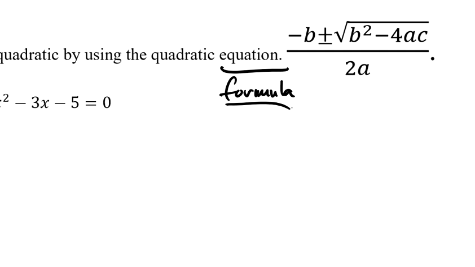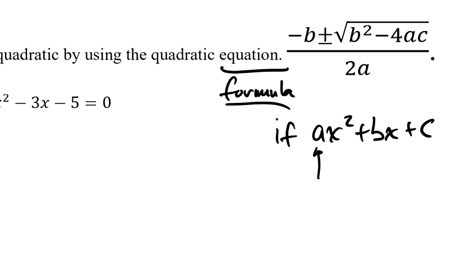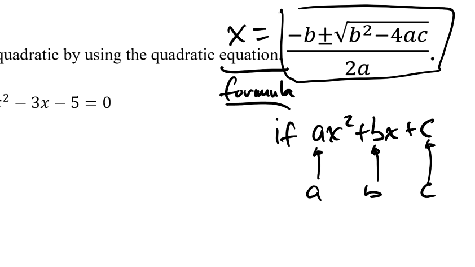It essentially says if you have a quadratic in the form ax squared plus bx plus c, in other words, a is the coefficient of your squared term, b is the coefficient of your linear term, and c is your constant. Then you can find the roots of that equation by considering this expression: the opposite of b plus or minus the square root of b squared minus 4ac, all divided by twice a.